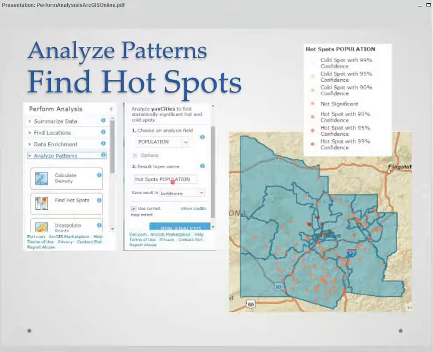So my result layer name and click Run Analysis. You can see what's coming up. You have this gradient, but it's just the points. Colder is going to be a lighter color, and the hot spots are going to be a darker color. It's basically looking at population centers. It gives you an idea, and this makes sense. This is basically Prescott in this area.